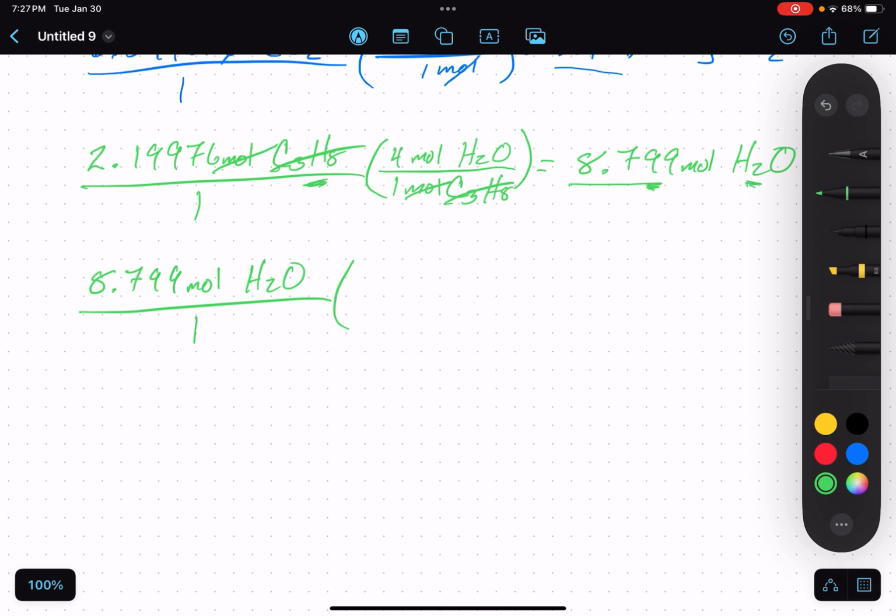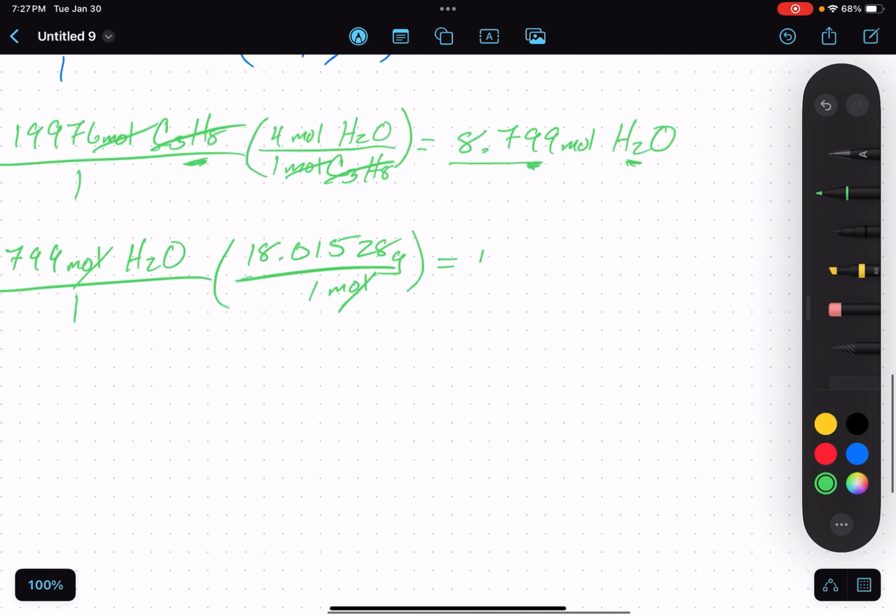And now I'm going to go from moles of B to mass of B, or grams of B. And water has a mass of 18.01528 grams for every 1 mole. And moles will cancel out. And that comes out to be 158.517 grams of H2O.